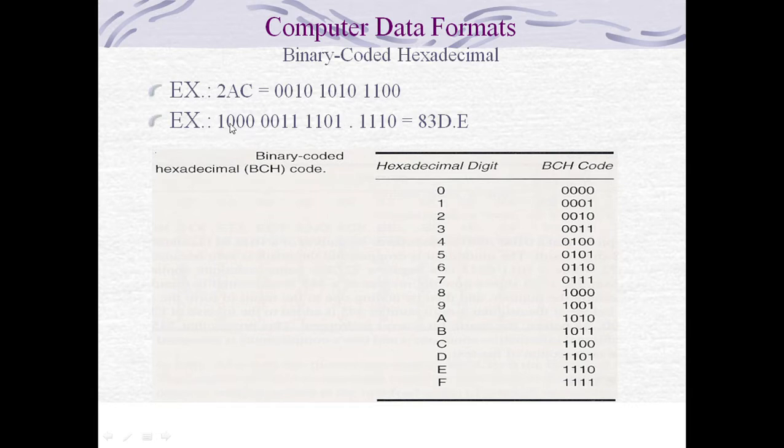This is 8, this is 3, and this is D, and this is E. So 83D.E is a number represented in the hexadecimal system. So using this table, one can write a sequence of binary bits using hexadecimal code, or a hexadecimal code can be converted to binary easily.